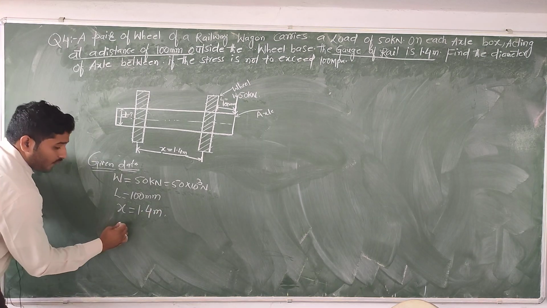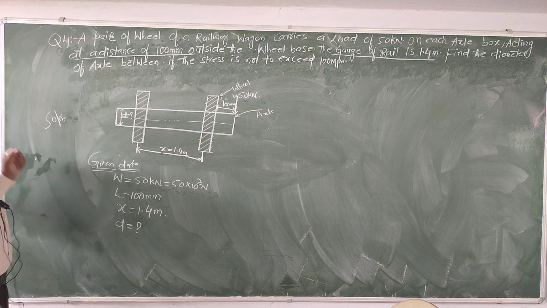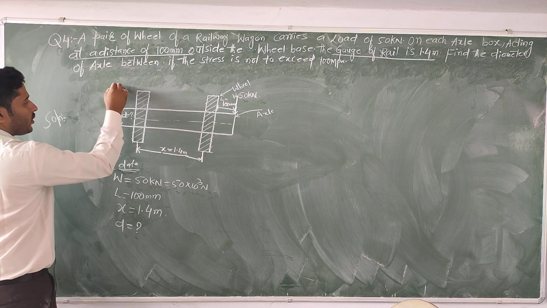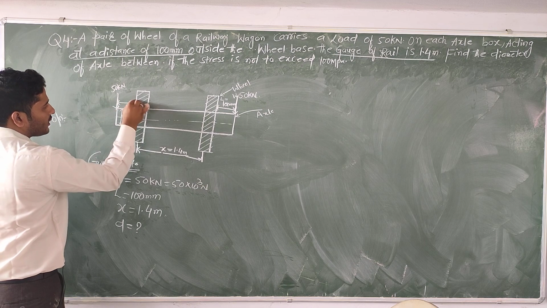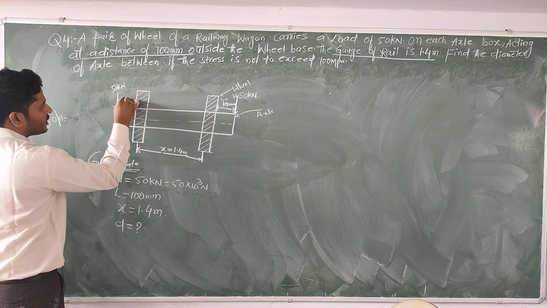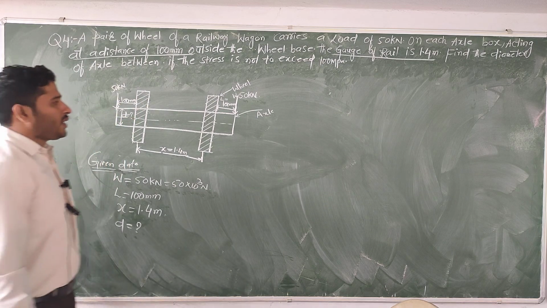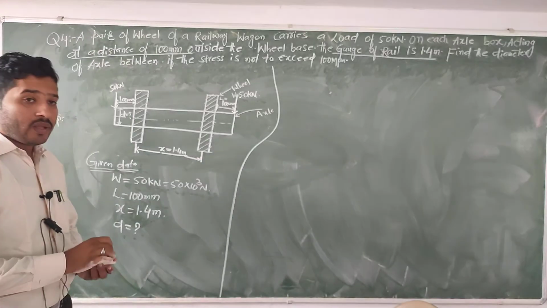In this case we need to find out the diameter of the axle. On each end, W is 50 kilonewton acting at a distance of 100 mm outside the wheel.